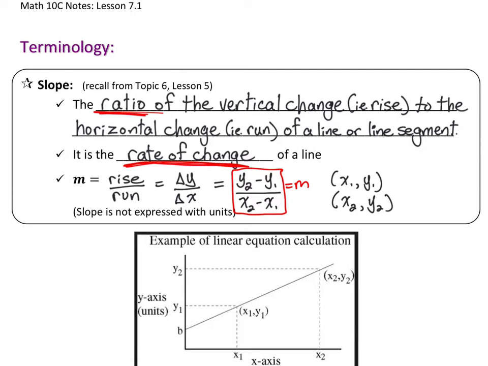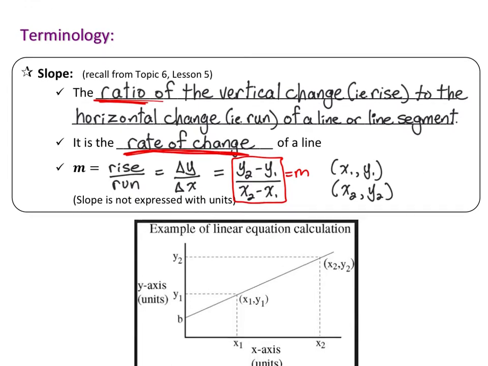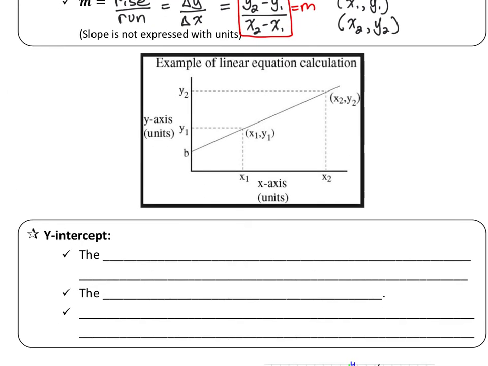An example is this graph just below the box here, showing your 2 points, x1, y1, and x2, y2, and how you're finding the change. The rise is the change in the height, and the run is the change in the horizontal.